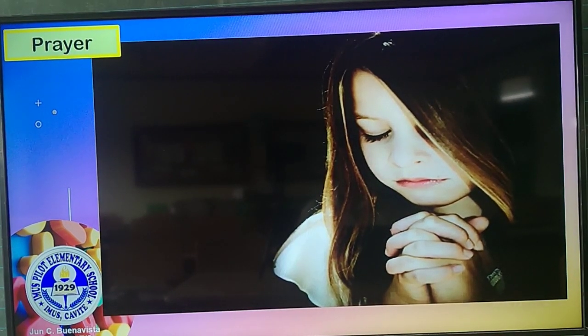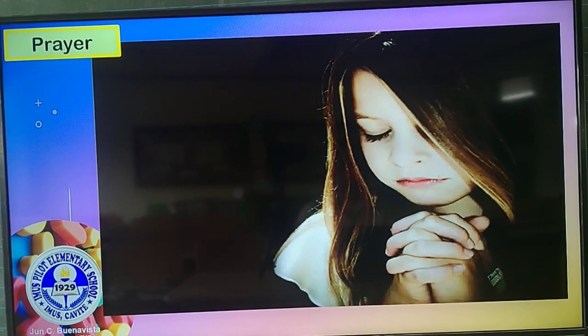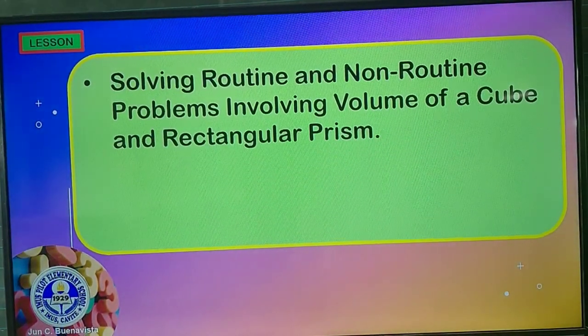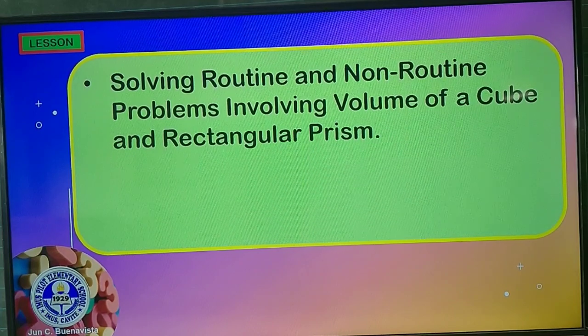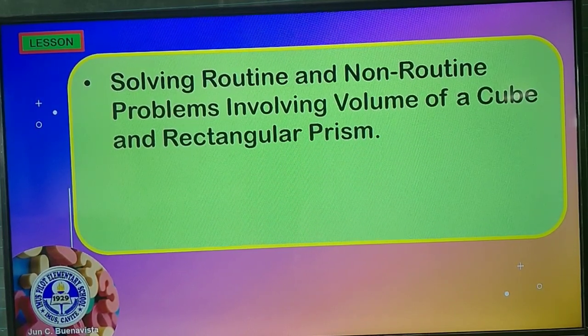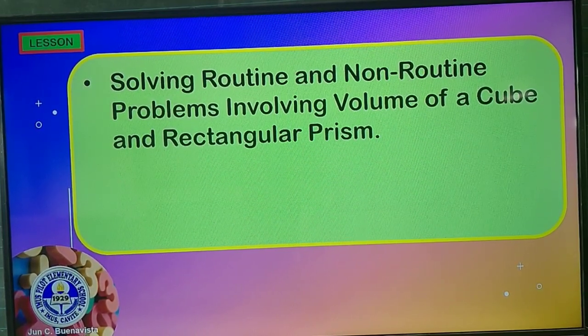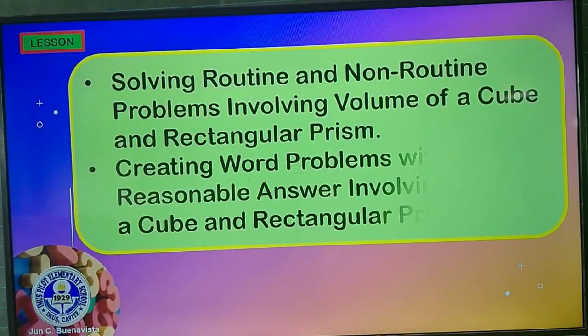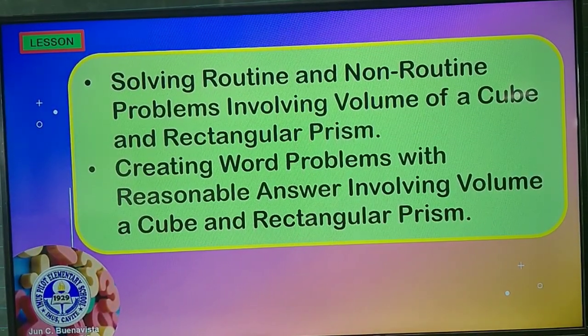Okay, so this week we are going to study solving routine and non-routine problems involving volume of a cube and rectangular prism. We will also study creating word problems with reasonable answers involving volume of a cube and rectangular prism.